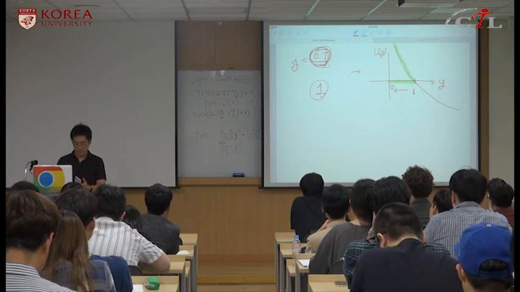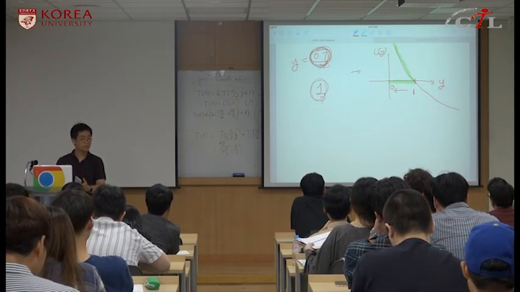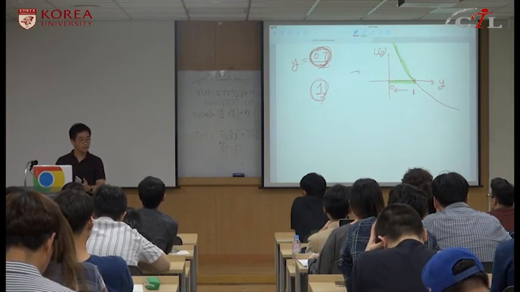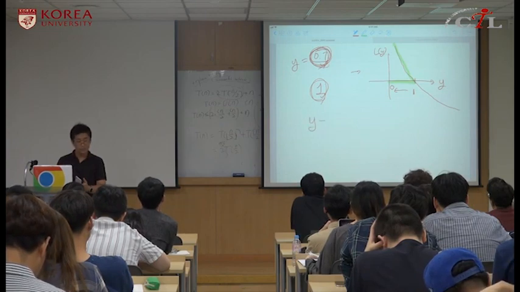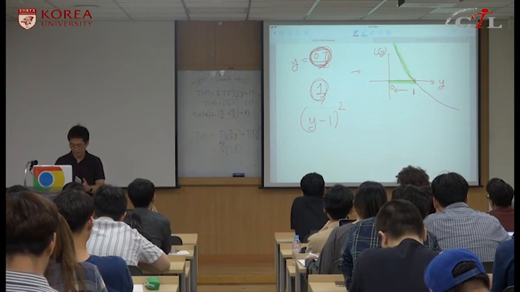In this particular case, this is the current prediction value, and this is the target value. What will be the corresponding loss graph? The loss graph will be simply (y minus 1) squared, right? And then what will that graph be?